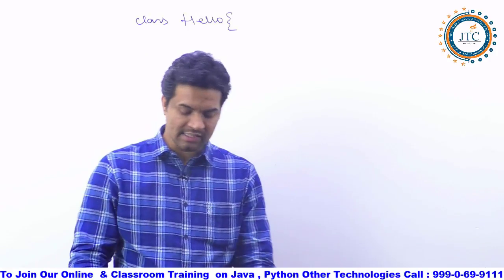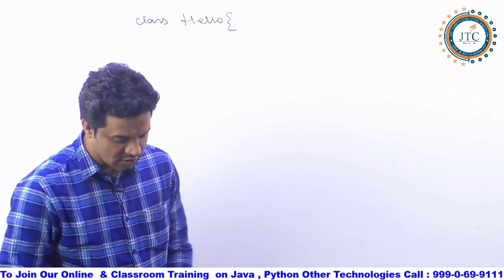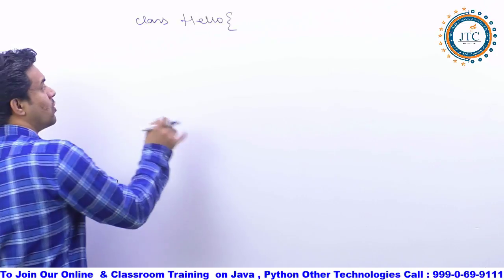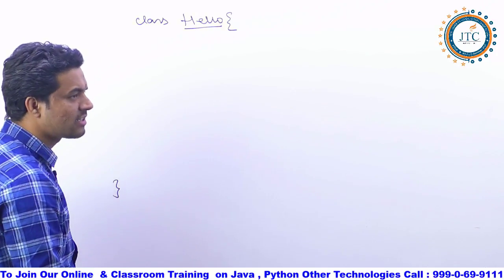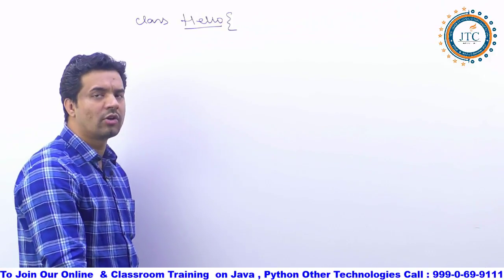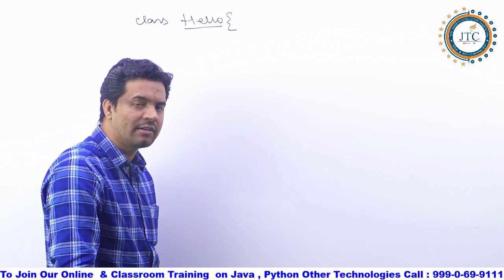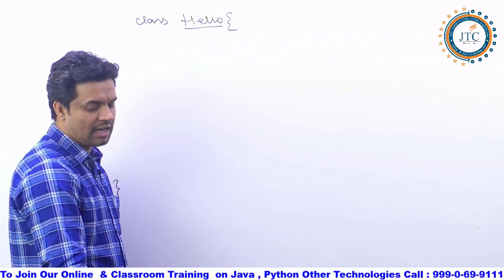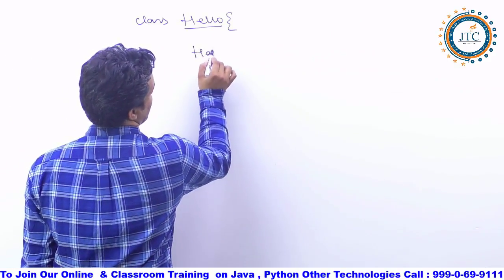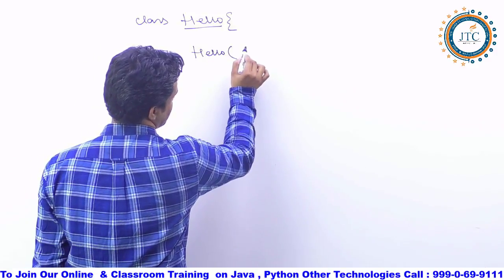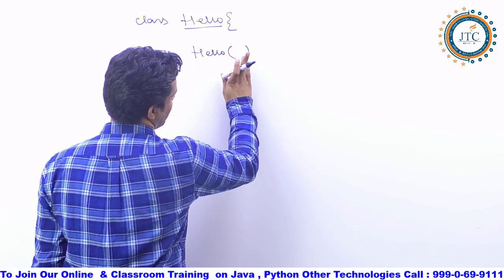Now what is your class name here? Your class name is hello. So inside this, whatever name you write for the constructor must be the same as the class name. So let me write hello here, and I am not giving any parameter.